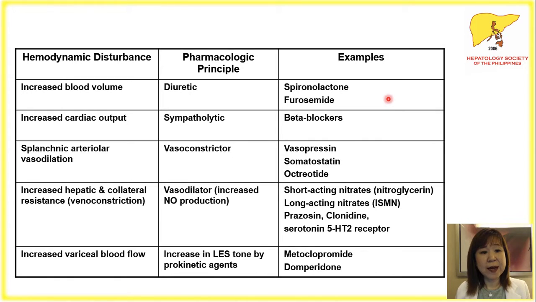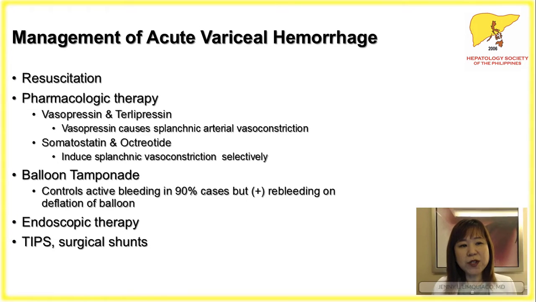We have a lot of examples here, like diuretics such as aldosterone antagonists and furosemide, sympatholytics like beta blockers, vasoconstrictors like vasopressin, somatostatin or octreotide, or vasodilators like nitroglycerin or nitrates or clonidine, or the serotonin 5-HT2 receptor antagonists.